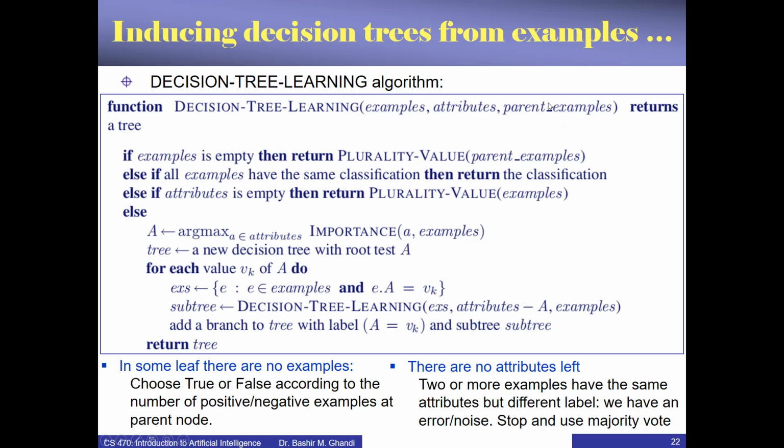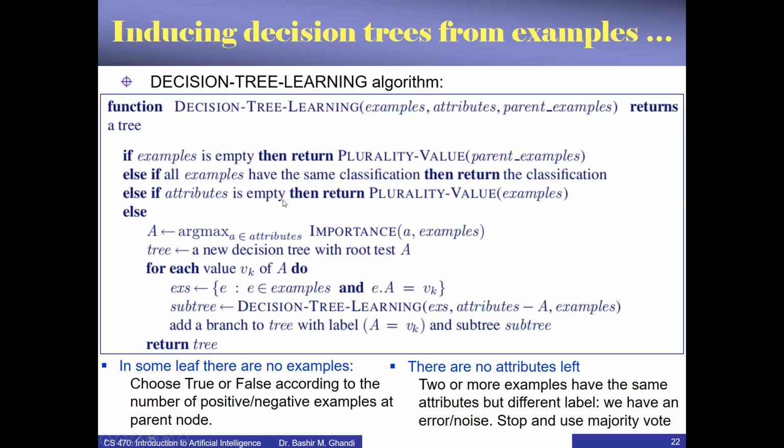Initially this is going to be empty, but as we make a recursive call, we will be passing these values. So these are the inputs, and we want the algorithm to return a decision tree. So this algorithm constructs a decision tree based on the examples.